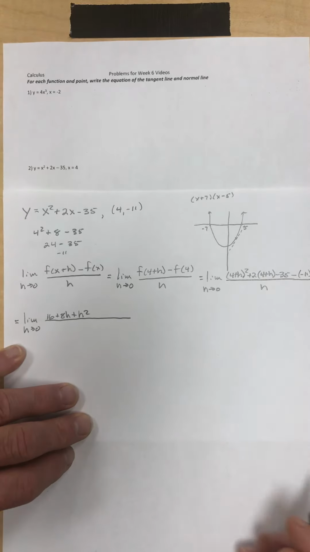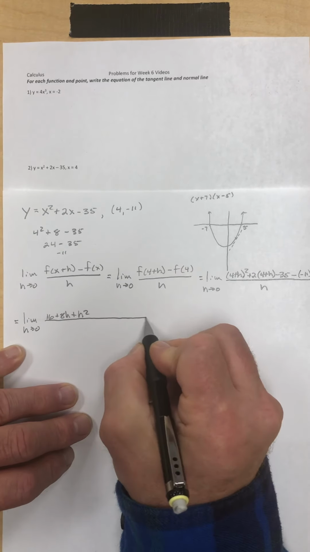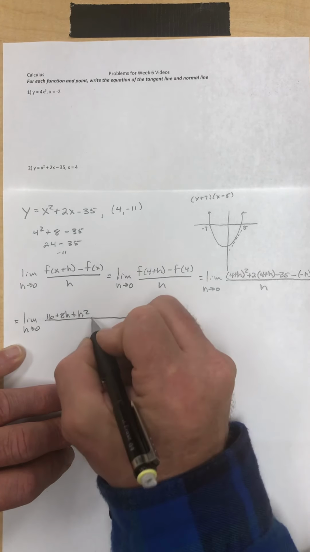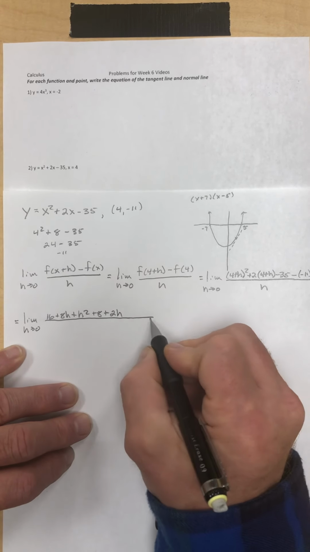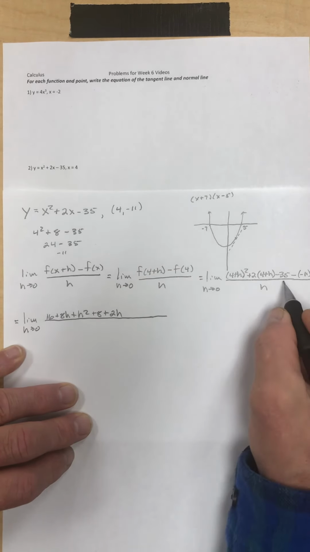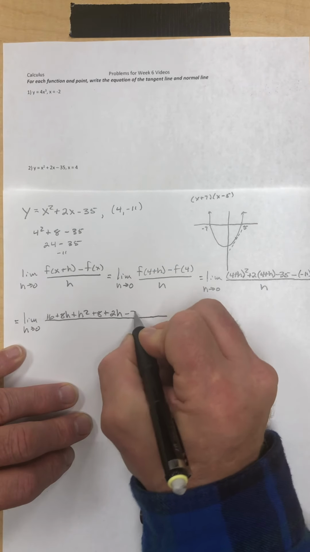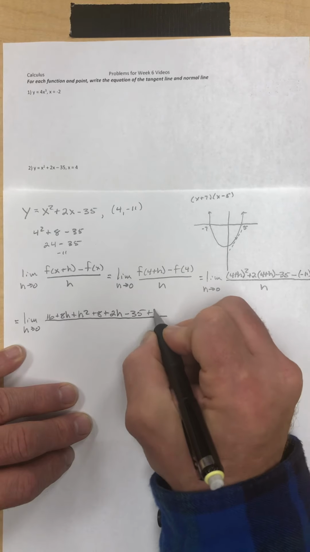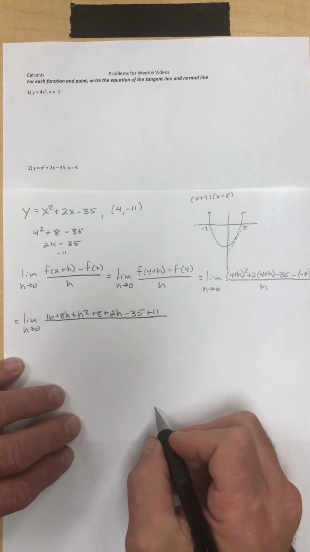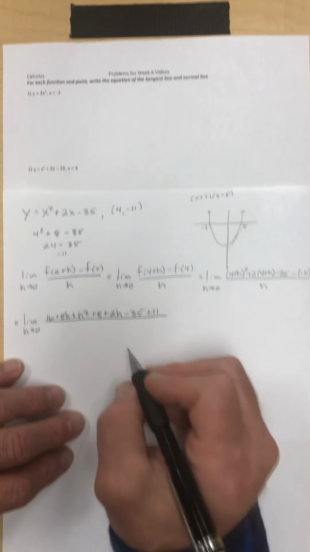I've got to distribute the 2, so that's 8 plus 2h. And then I'm going to have a minus 35 and a plus 11, and that is all over h.